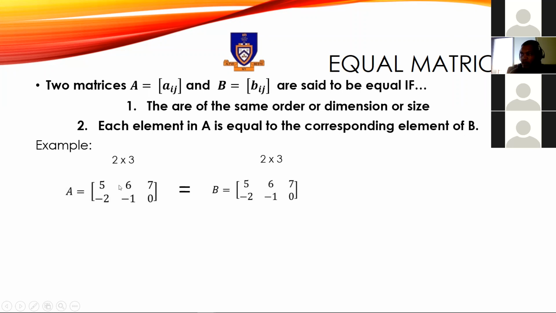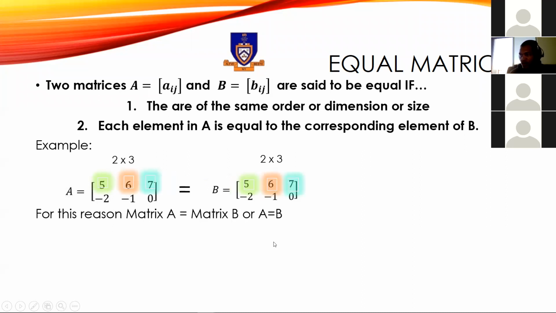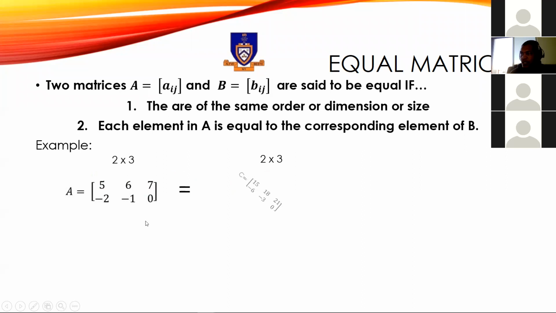So all the elements in A are also in B, and all the positions of the elements in A are also the positions in B. It's the same position for each one of them. Because 5 is equal to 5, 6 is equal to 6, 7 is equal to 7, and you can see for the rest of them. For this reason, matrix A is equal to matrix B, all right?